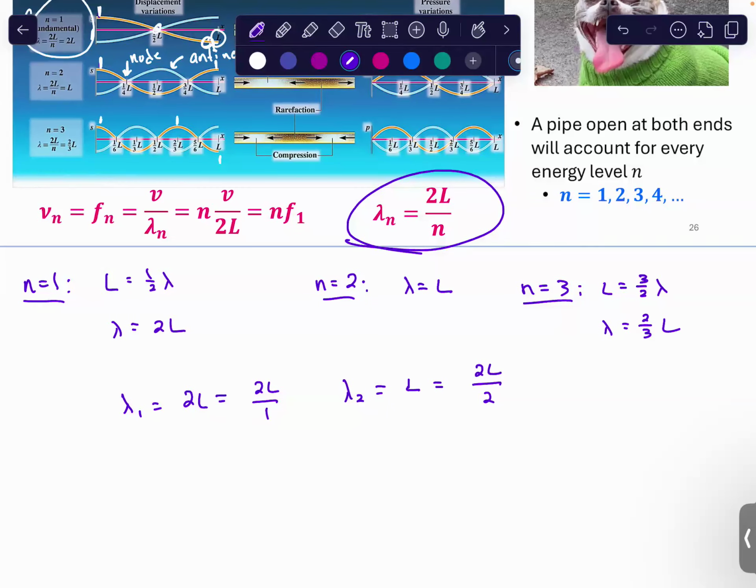We see that the wavelength of your sound waves inside these open-ended tubes is going to be 2L over N, N being your energy level. That you can feed into your frequency.